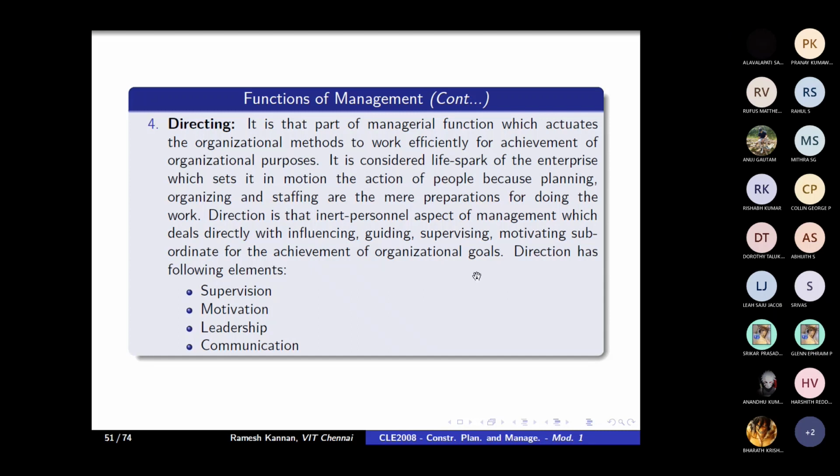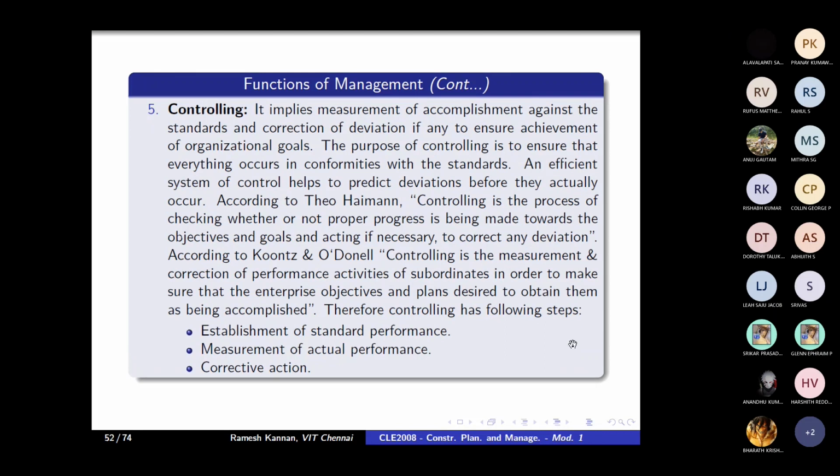And the final function of management is controlling. Controlling is the process of checking whether or not proper progress is being made towards the objective and goal, and acting if necessary to correct any deviation. So this is a typical definition. Controlling is the final function of management. It has to check whether everything is going on the right track or if something goes wrong, then we take action to correct it.